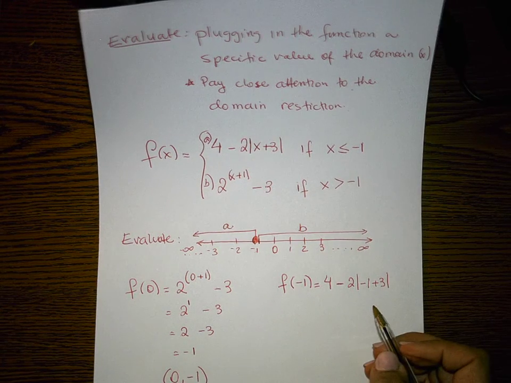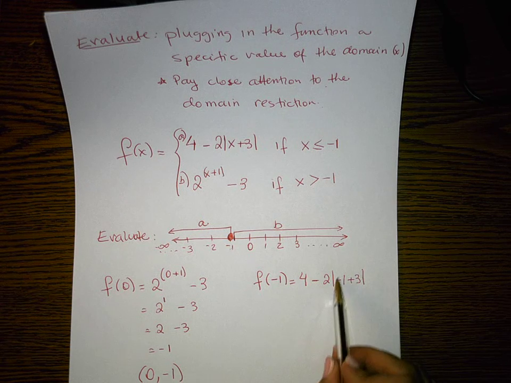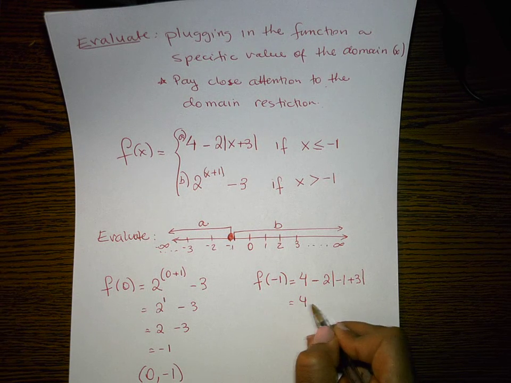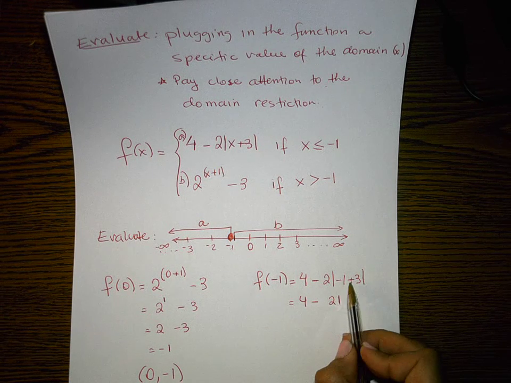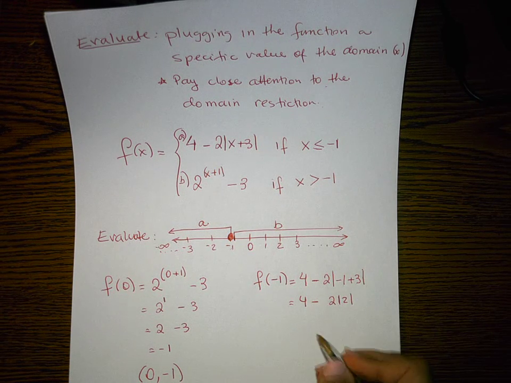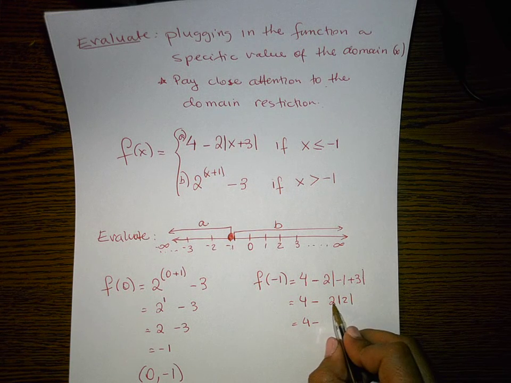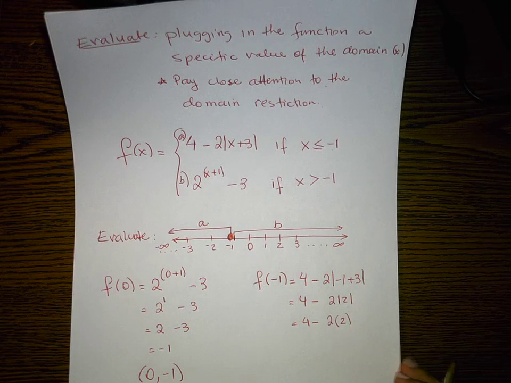And I carefully start working on my order of operations inside of the absolute value first. So this equals 4 minus 2 times |-1 plus 3|, and -1 plus 3 is a 2. And then I continue. 4 minus 2 times the absolute value of 2 is 2.